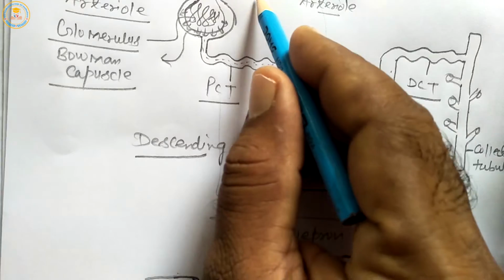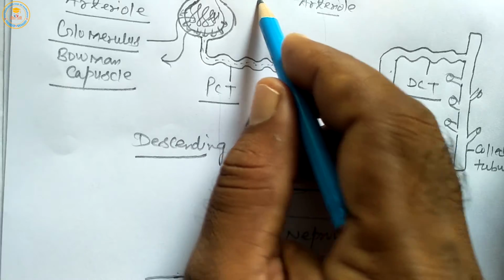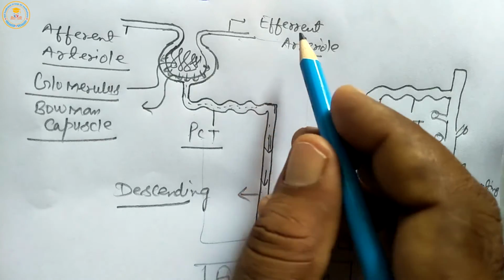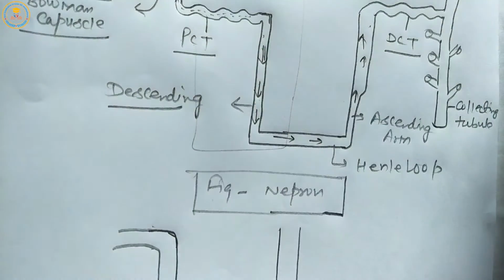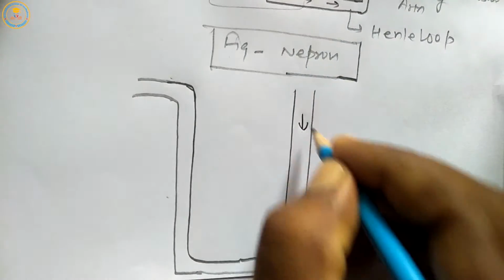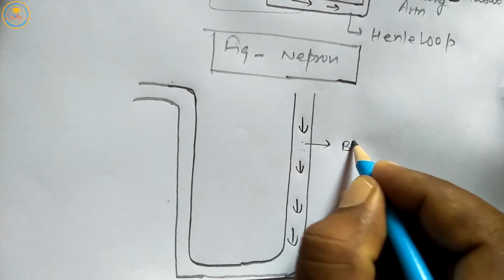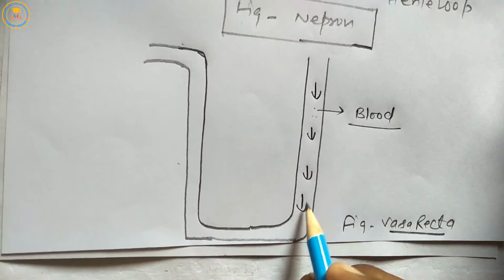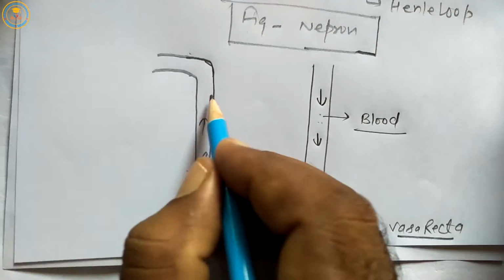Next, after filtration, urea-less blood flows in efferent arterioles. It means pure blood flows in efferent arterioles to form another U-shaped structure. It is called vasa recta. So in vasa recta, this arm flows blood in the below side, and in this side flow of blood is upper side.